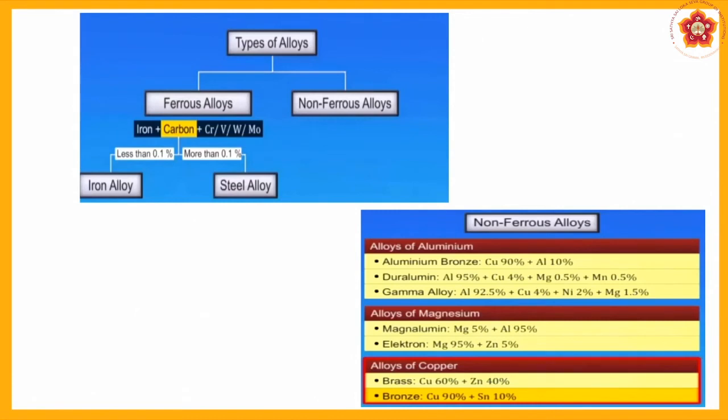For non-ferrous alloys, they have shown aluminium, aluminium bronze, magnesium, brass and bronze, all of which are non-ferrous because there is no iron content in them. Whereas a ferrous alloy is a combination of iron and carbon. If the carbon content is a little high, we call it steel. If it is low, we call it a general iron alloy. And along with this iron, you may have some small elements like chromium, vanadium or tungsten.